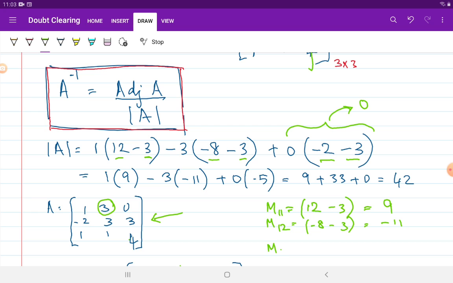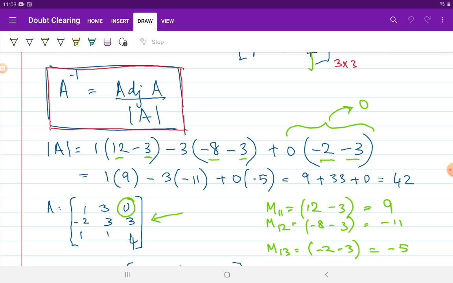Similarly, M13 would denote the minor of this element. To find the minor, eliminate the row and column to which the element belongs to, and cross multiplication of the remaining elements will be minus 2 into 1 minus 1 into 3. So that is minus 5.